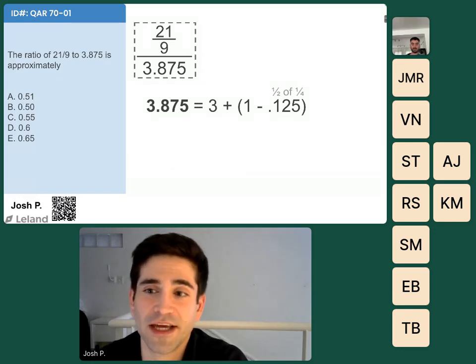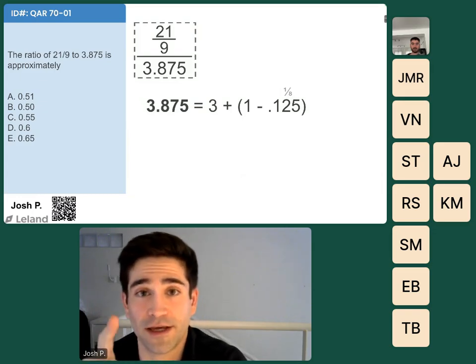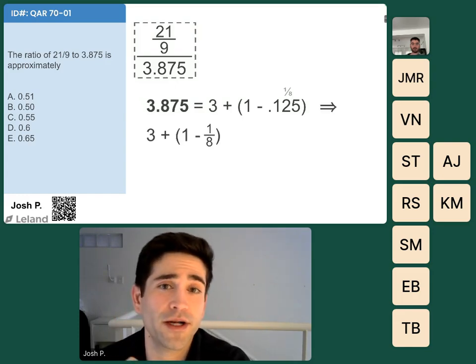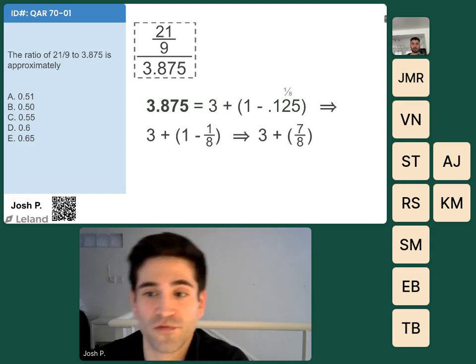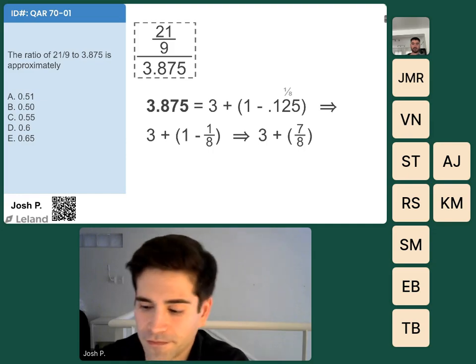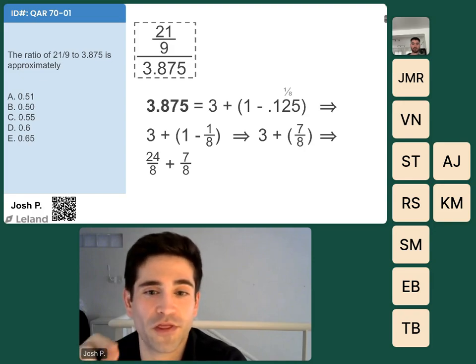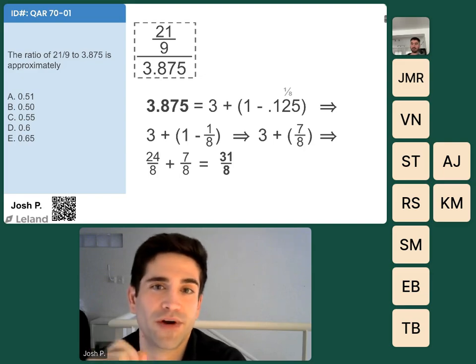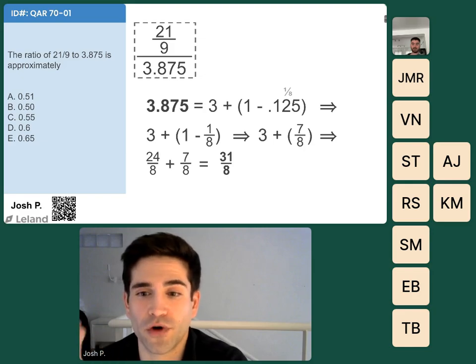So 0.125 is 1/2 of 1/4, therefore 1/8. So we have 3 plus 1 minus 1/8, which gives us 3 plus 7/8. In fraction form, 3 is 24/8 plus 7/8, which gives us 31/8. So the fraction form of 3.75 is 31/8.